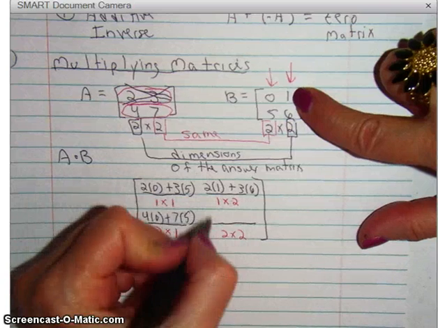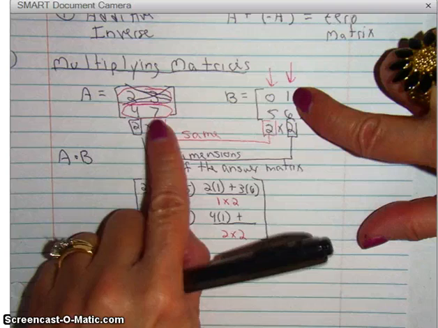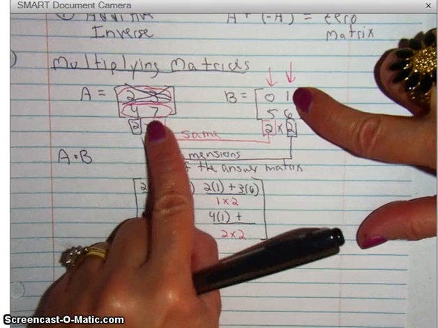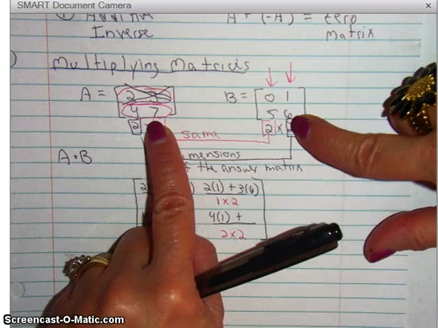Very good. Okay. And then Joel, move across A and move down B. So what times what? 7 times 6. Very good.